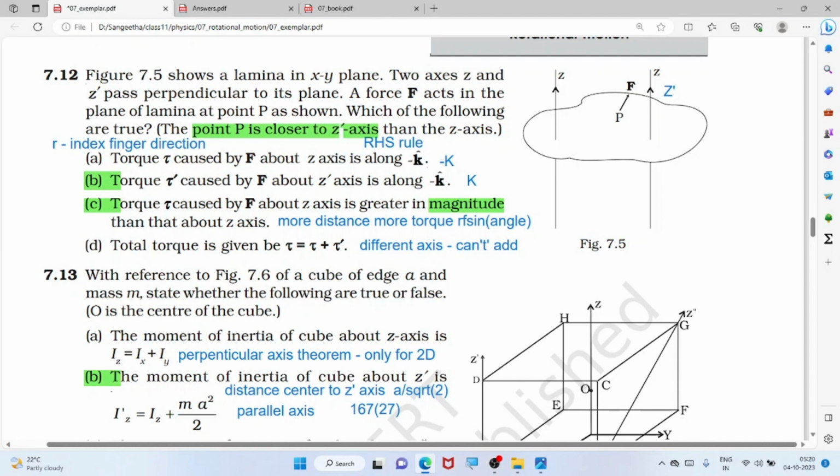More distance, more torque, because r in the cross product is more. The total torque is given by these two. This is not true because they are on different axes. You cannot add like this, as their torques are about different axes.